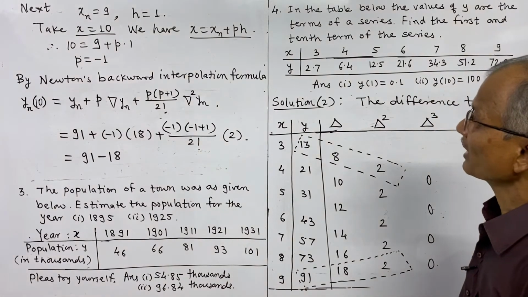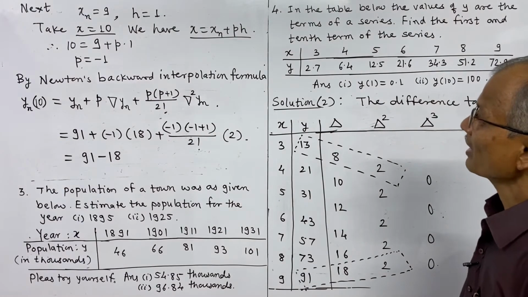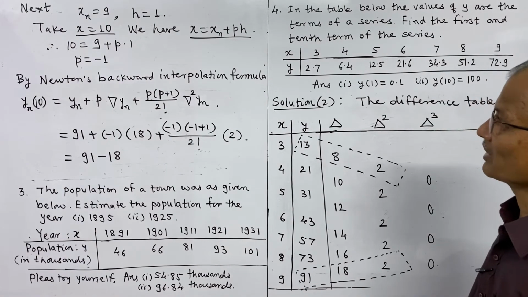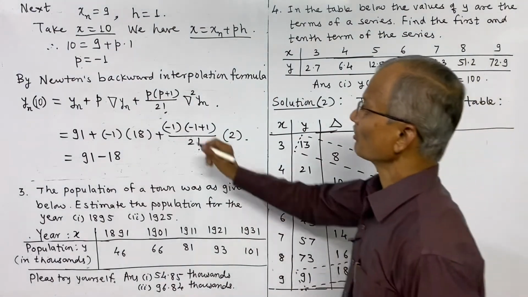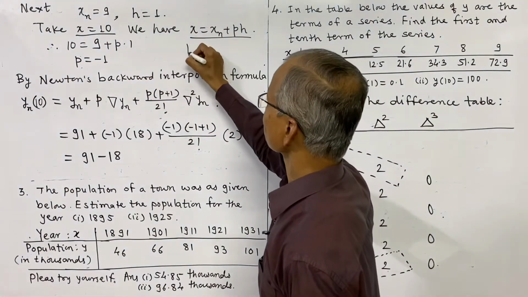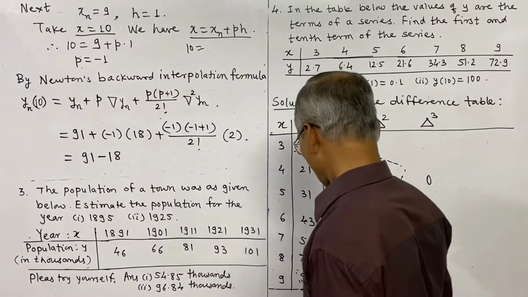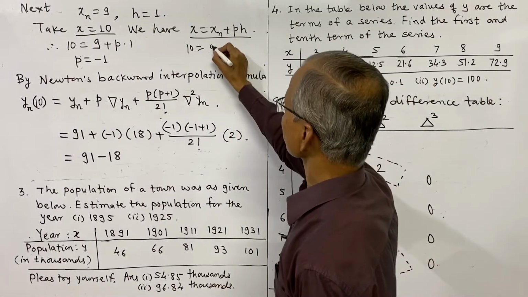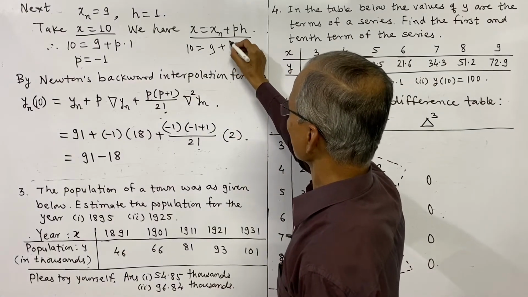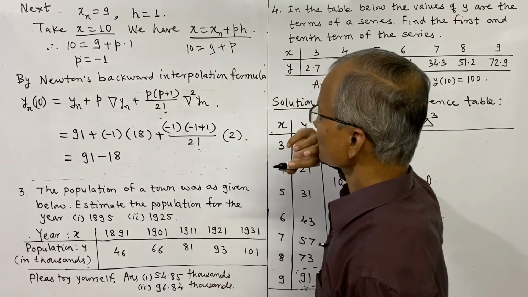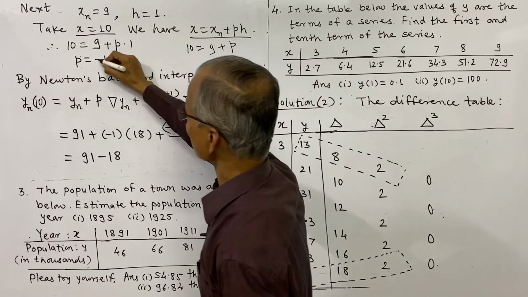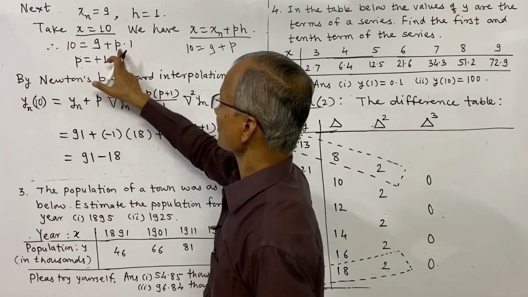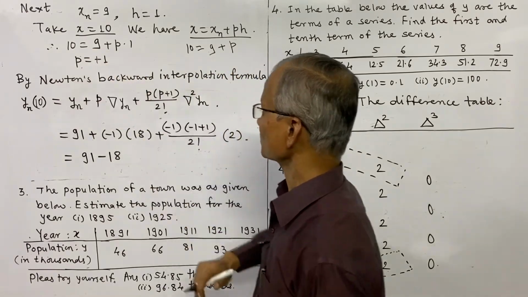What we have to write is x is equal to xn plus p times 1. The 10th term we have to obtain, that is 10 is equal to xn, which is 9, plus p. So it is not minus 1, it must be plus 1, so it is to be corrected. So p is 10 minus 9, which is plus 1.